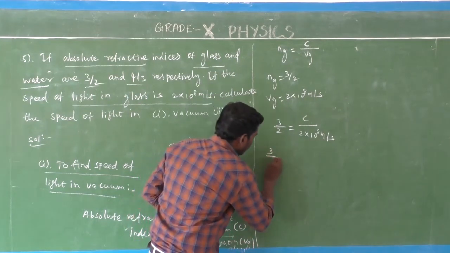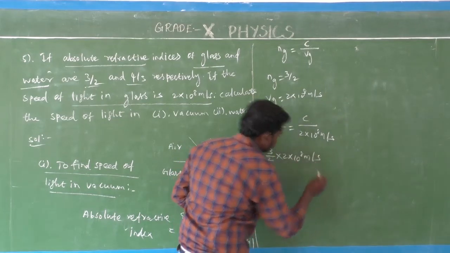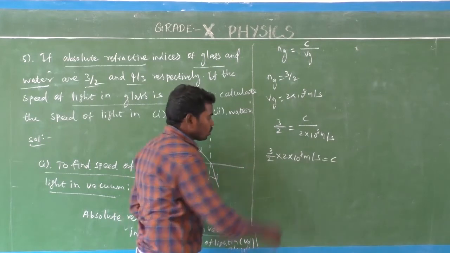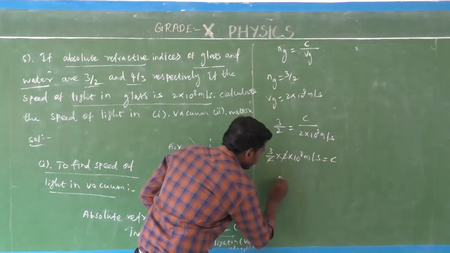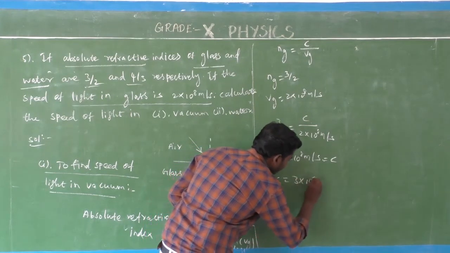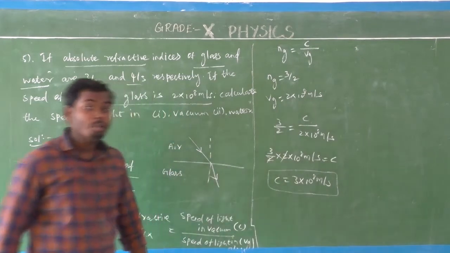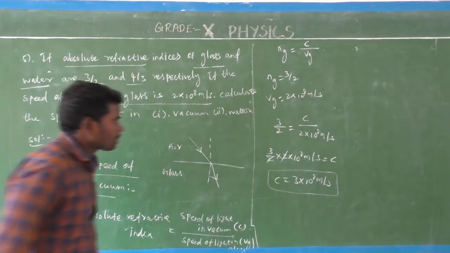So 3 by 2 into 2 into 10 to the power of 8 meter per second is equal to c, the speed of light in vacuum. Here the 2s cancel. So we get c equal to 3 into 10 to the power of 8 meter per second. So the speed of light is 3 into 10 to the power of 8 meter per second. Very simple.